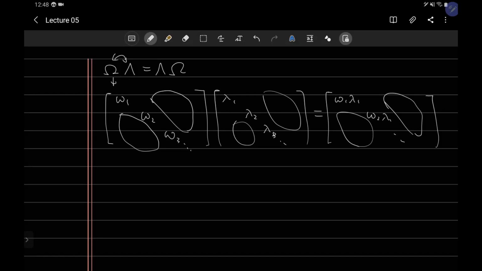What the theorem says is actually the other way around. What the theorem says is that if we know that two operators commute with each other, then we should always be able to find a basis which will make both of the linear operators appear in the form of a diagonal matrix.